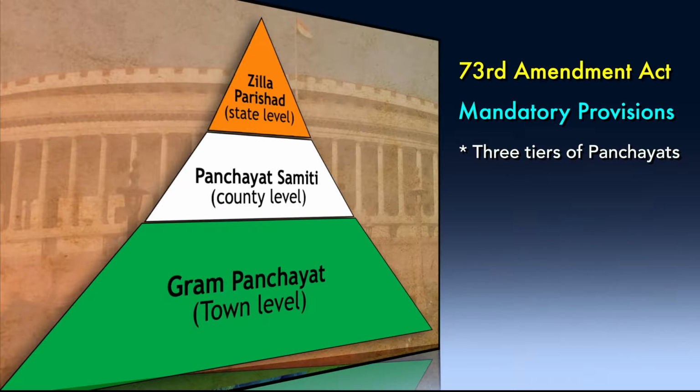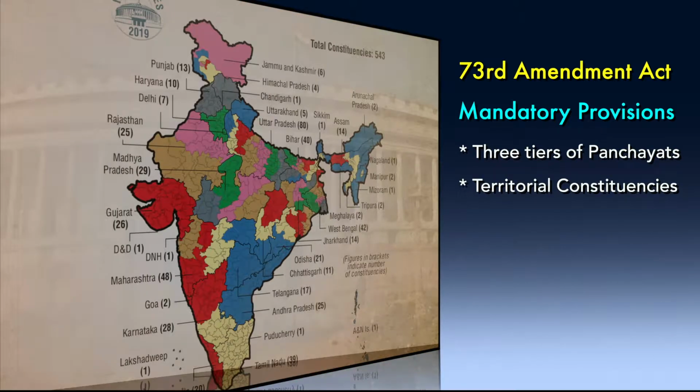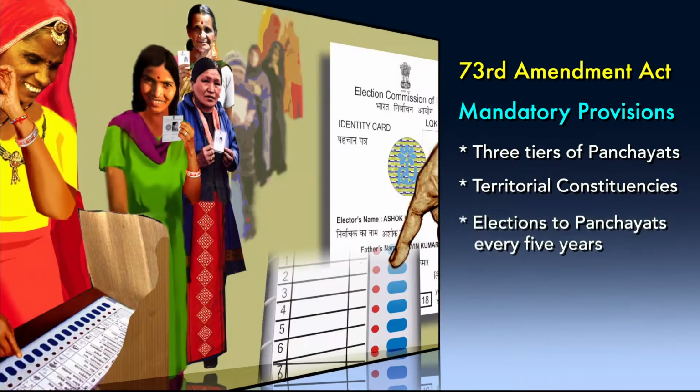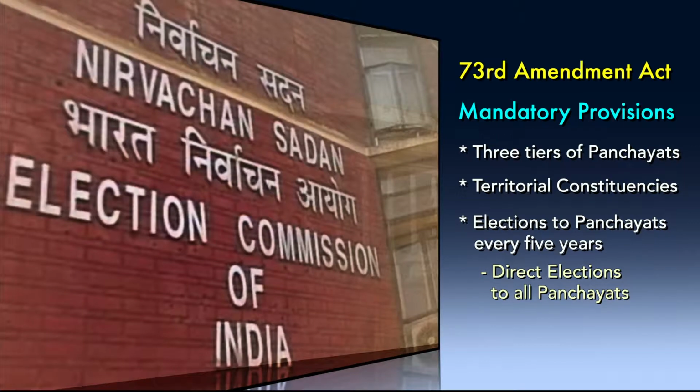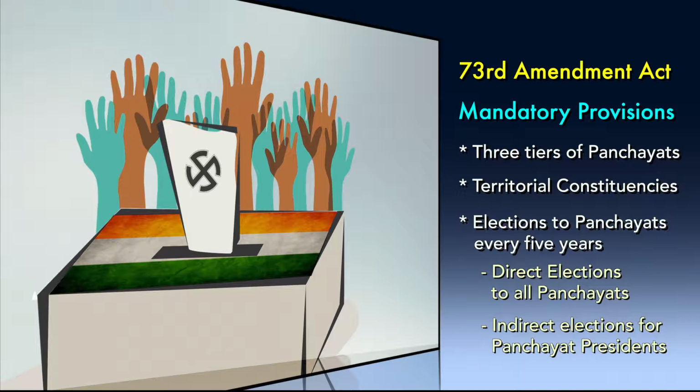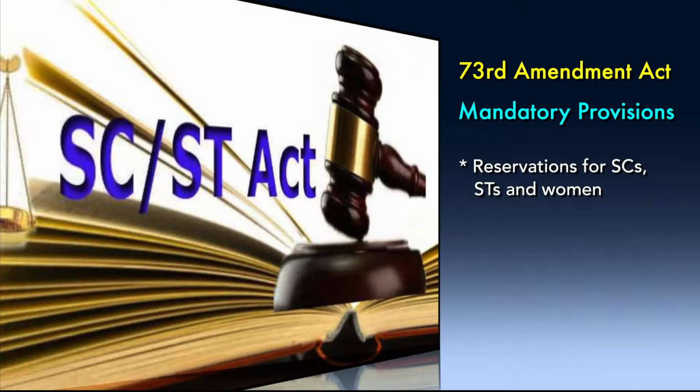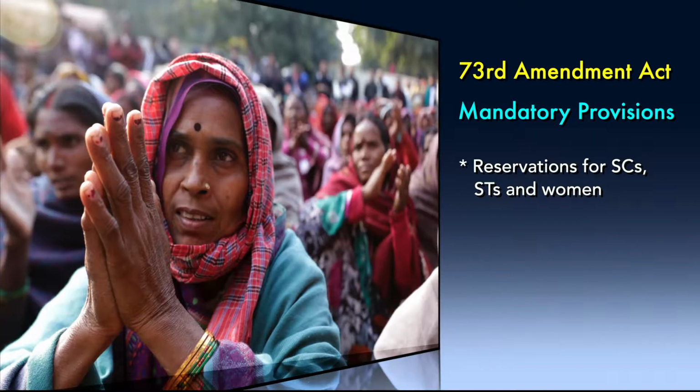Three tiers of panchayats, two tiers in states with less than 20 lakh population, territorial constituencies for all panchayats, elections to panchayats every 5 years by the State Election Commission, direct elections to all seats in all levels of panchayats, indirect elections for block and district panchayat presidents, reservations for SCs, STs in proportion to population, and one-third reservation for women at all levels.